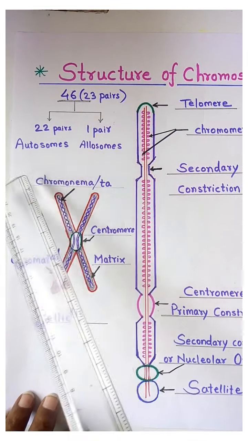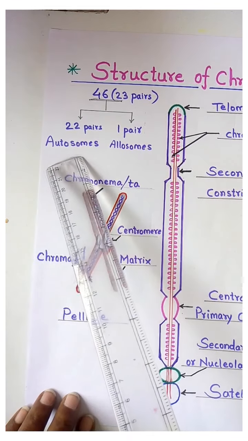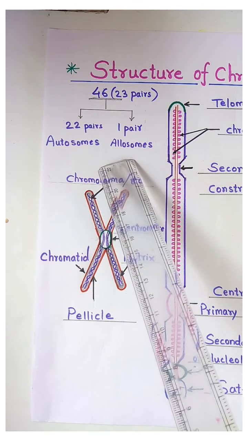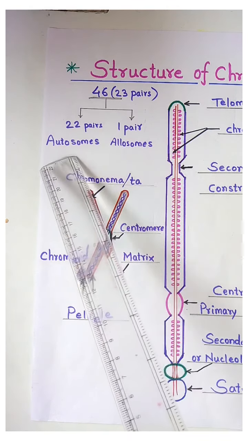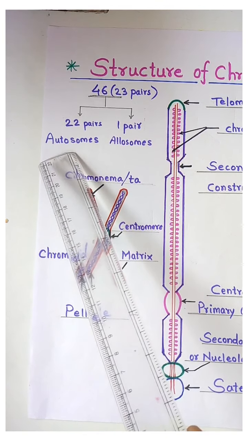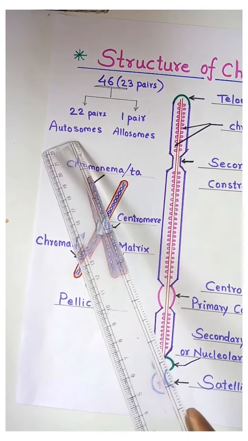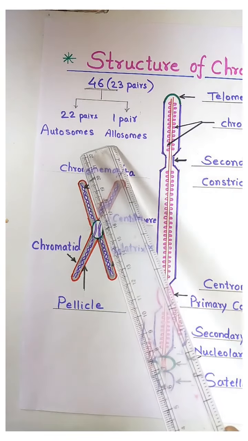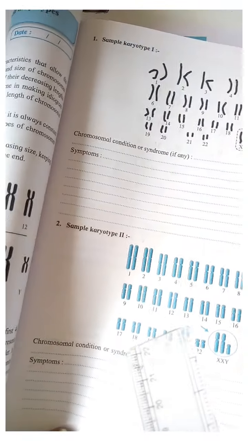Out of 23 pairs, 22 pairs of chromosomes are called autosomes, and only one pair of chromosomes is called allosome or sex chromosome. The autosomes are mainly concerned with determination of body characters, whereas the sex chromosomes are responsible for determination of sex.